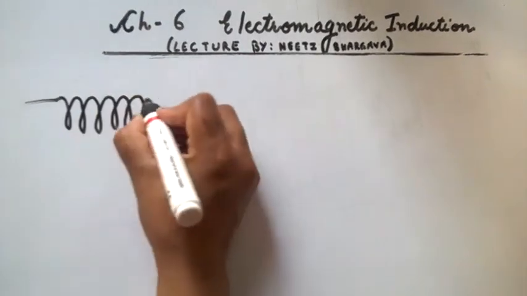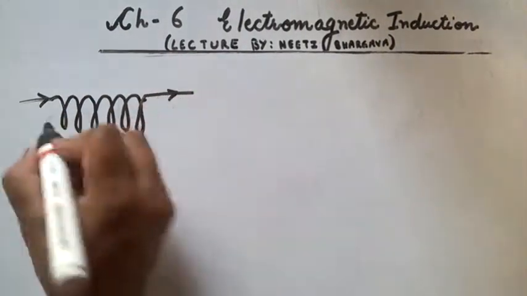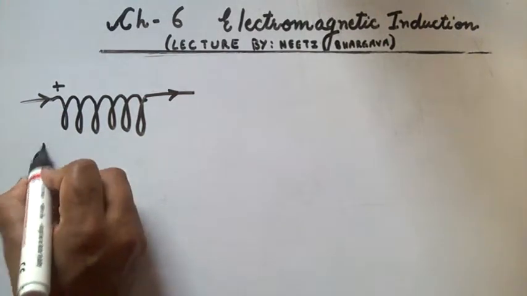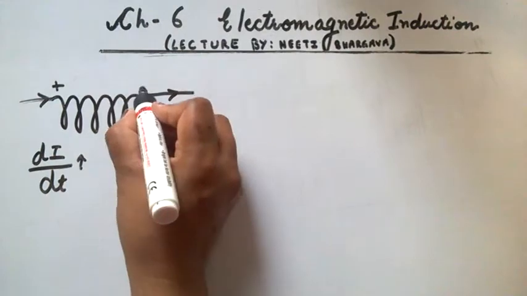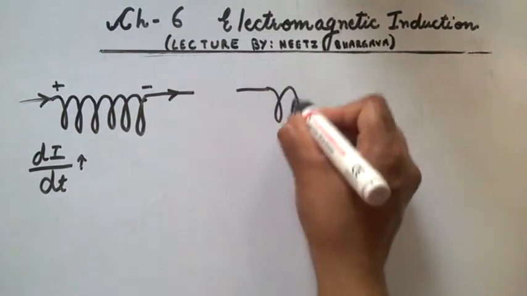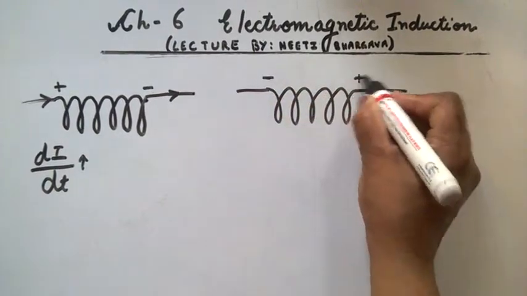It is like a tightly wound coil. Its polarity is positive at this end when the current is increasing with time, and when the current is decreasing with time, then this is the negative end.